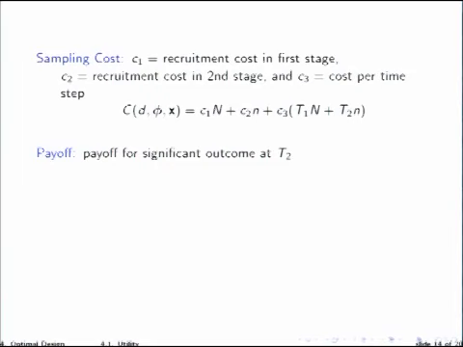The payoff at the very end of the trial, but here we simplify things. We assume that at the very end of the trial, you analyze the data just by a simple frequentist hypothesis test. So significant outcome simply means that your test statistic is in the rejection region. So RD of X is just whatever is your favorite test statistic.